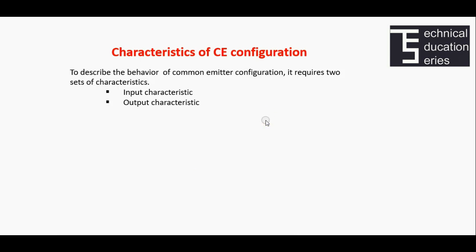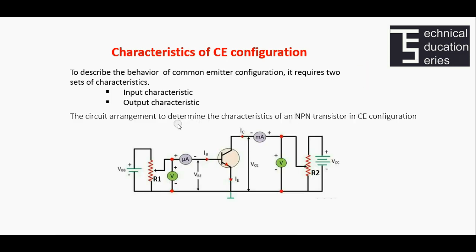Characteristics of CE configuration. To describe the behavior of common emitter configuration, it requires two sets of characteristics, input characteristics and output characteristics. The circuit arrangement to determine the characteristics of NPN transistor is shown here.